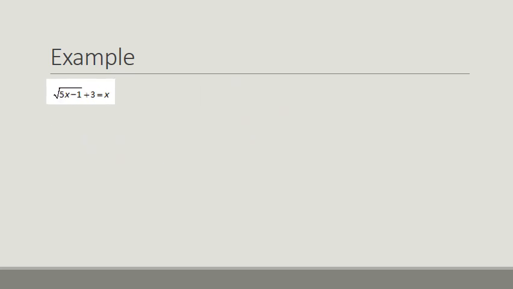All right, so to solve this problem, I'm going to bring the 3 over to the other side. So I'm going to get the square root of 5x minus 1 equals x minus 3. I'm going to square both sides.